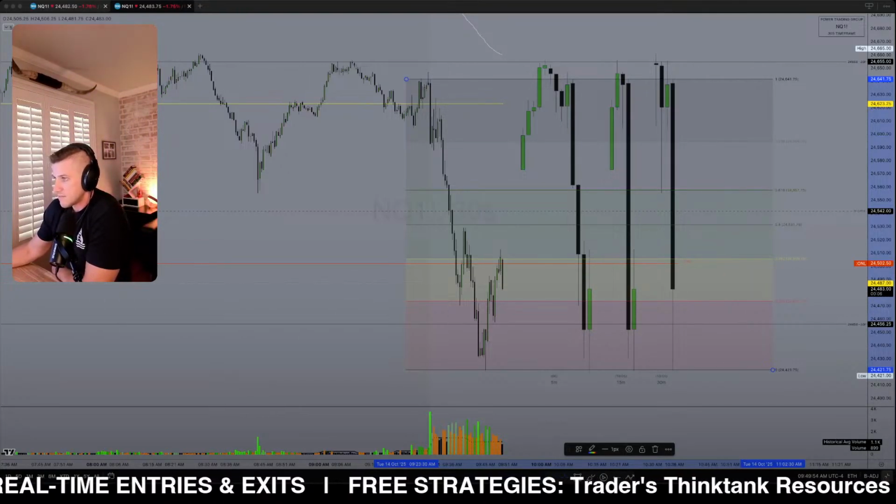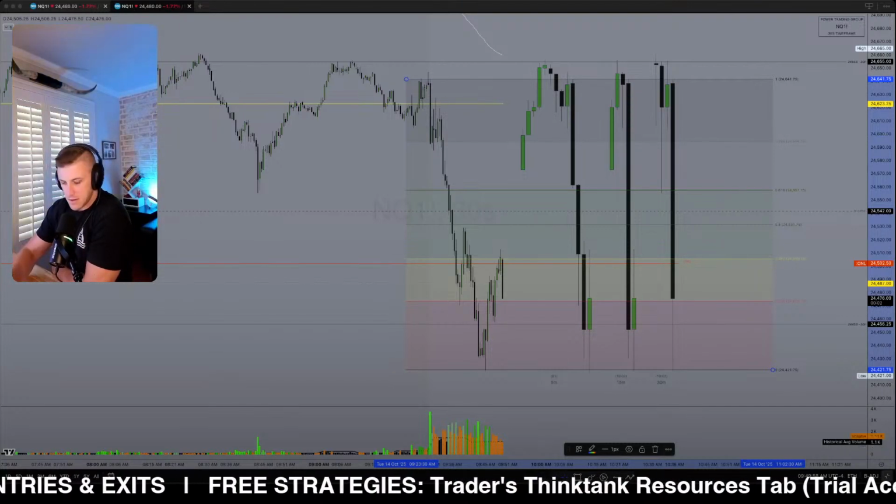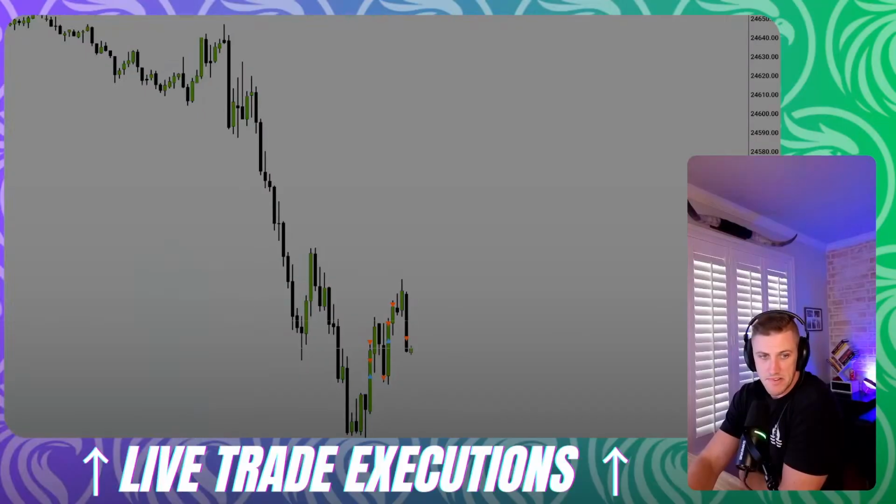And there's a trail. So two 20-point scalps. Looking for a little more there, but again, like I said, not going to overstay my welcome on a trade like that.